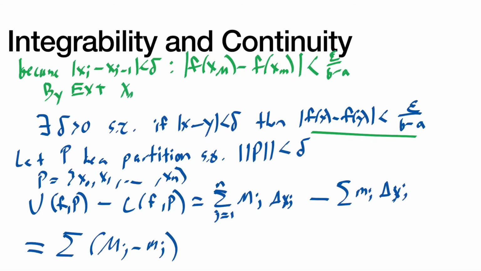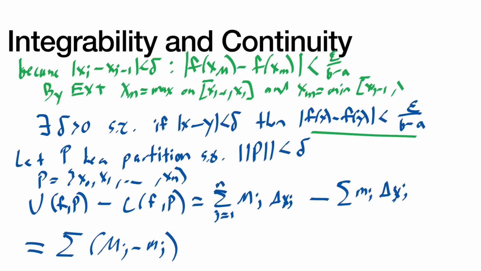And we know by the extreme value theorem that x_M equal to the max on x_{j-1} to x_j, and x_m equal to the minimum on x_{j-1} to x_j, exist. And probably I should have written that beforehand.